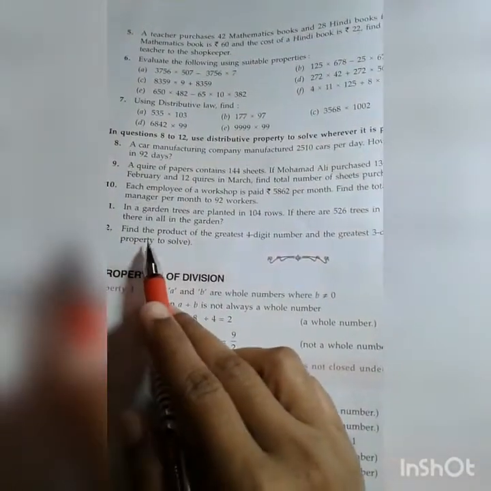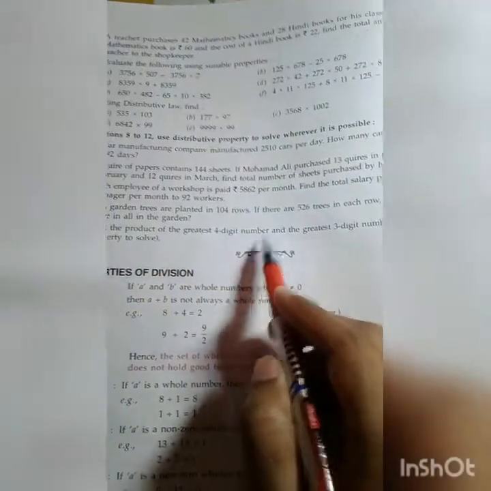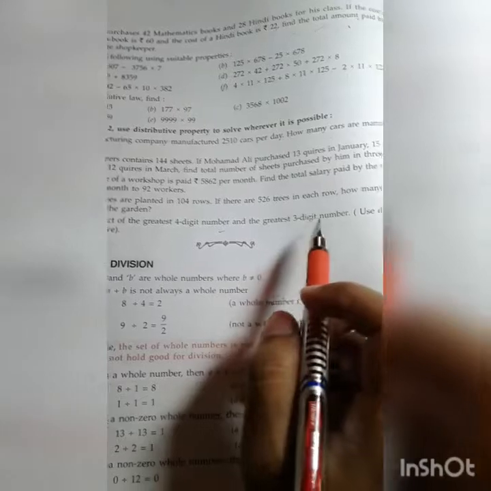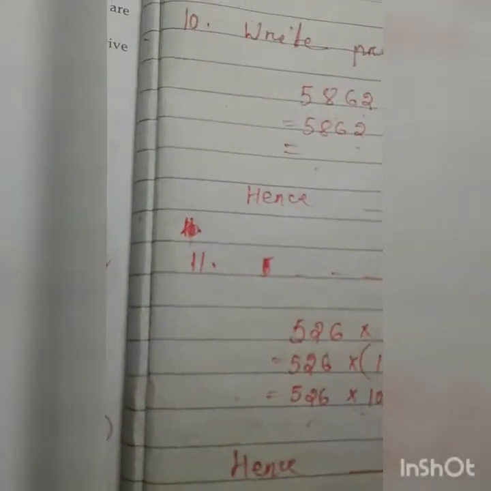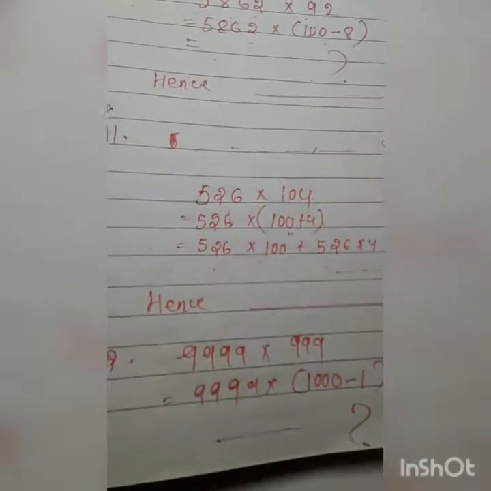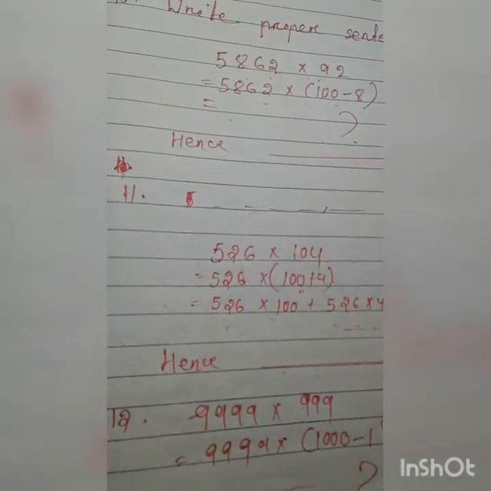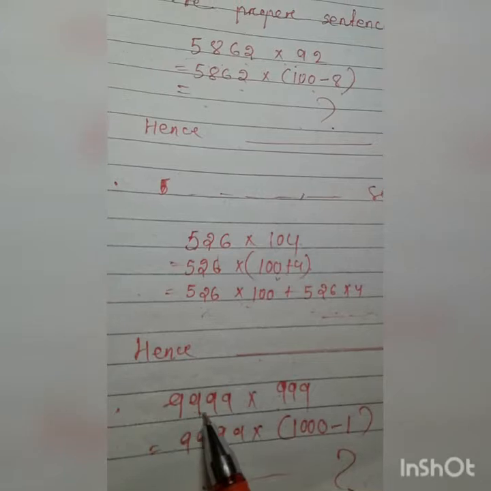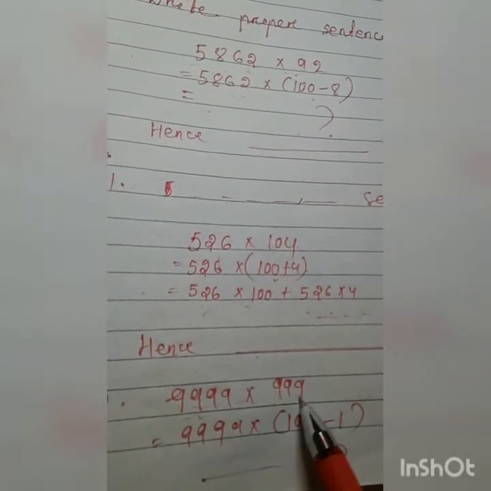This is the last question. Find the product of the greatest 4-digit number and the greatest 3-digit number. Use distributive property to solve. So here, children, first you write what is the greatest 4-digit number and what is the greatest 3-digit number. Children, you know this is the greatest 4-digit number and this is the greatest 3-digit number.